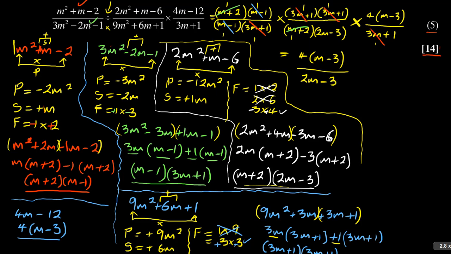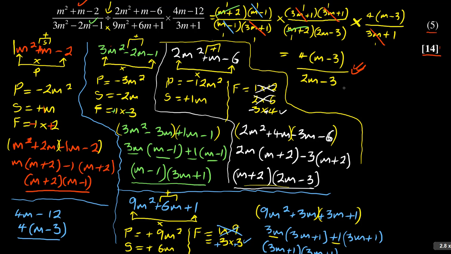So in actual fact, if we can't factorize this further, then this becomes the final answer. So the final answer then becomes 4 into m minus 3 over 2m minus 3.